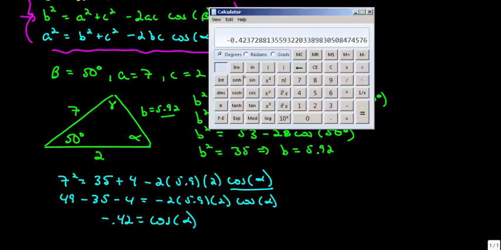So now we'll take the arc cosine of that value.